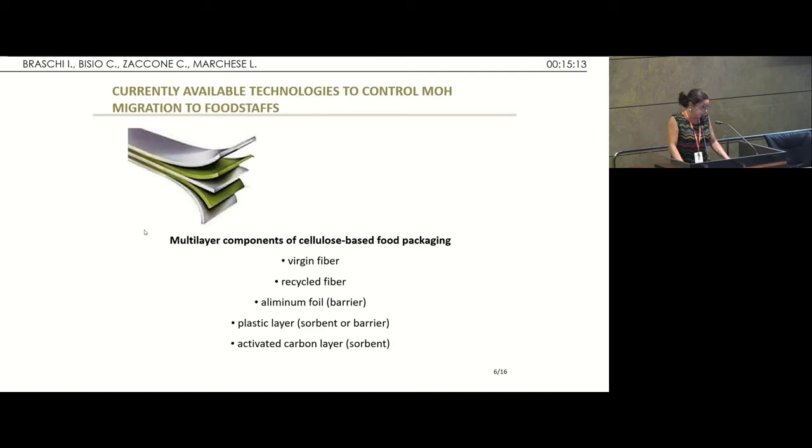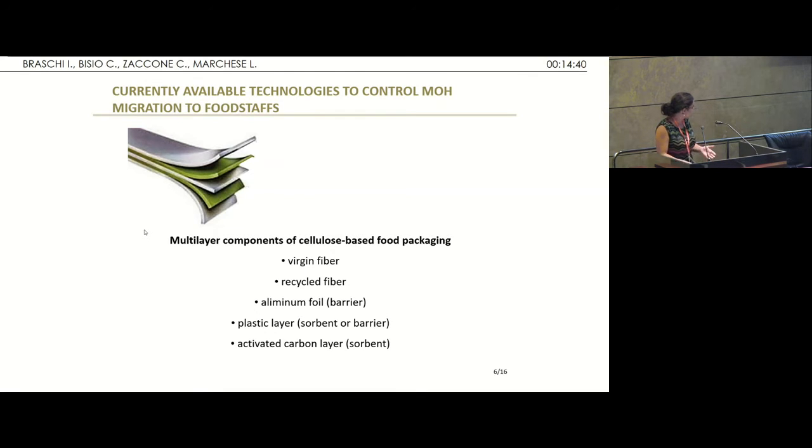What we can find today on the market to limit the migration of mineral oil to foodstuff are multi-layer materials. We can find this material formed by virgin paper, for example, on the external surface, recycled fiber, usually in the internal part.